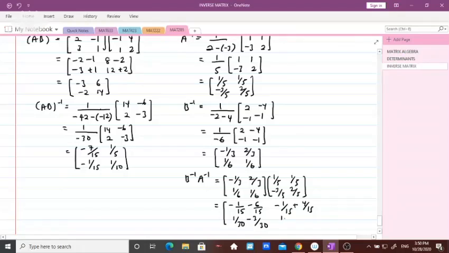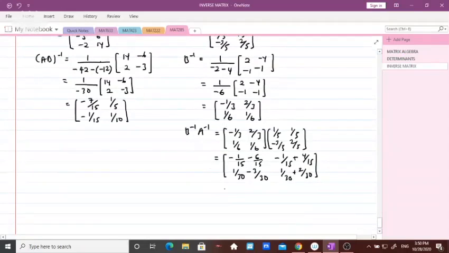Then 1 over 30 plus 2 over 30. So the answer is negative 7 over 15, 3 over 15 equal to 1 over 5, negative 2 over 30, negative 1 over 15, 3 over 30, 1 over 10. So this is the same as (AB) inverse.